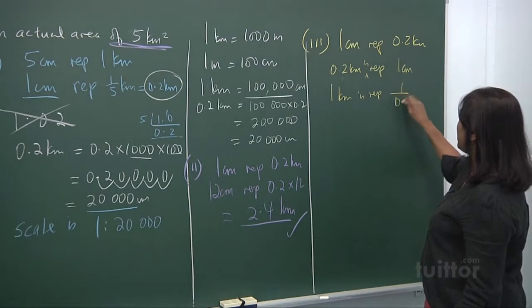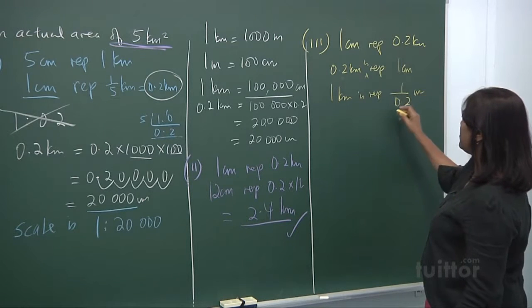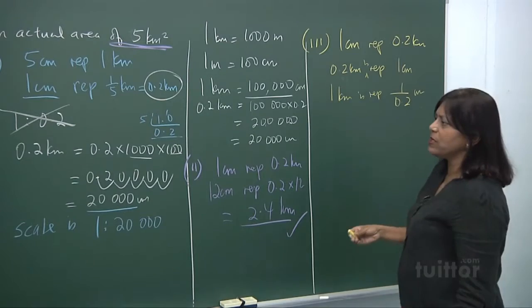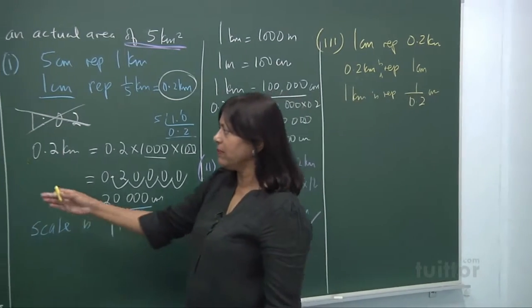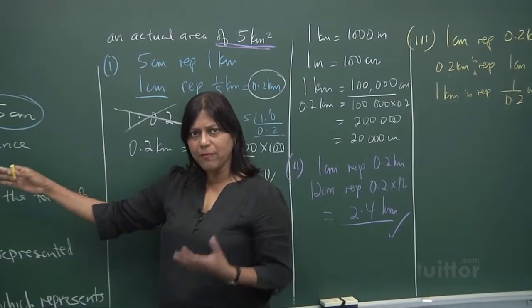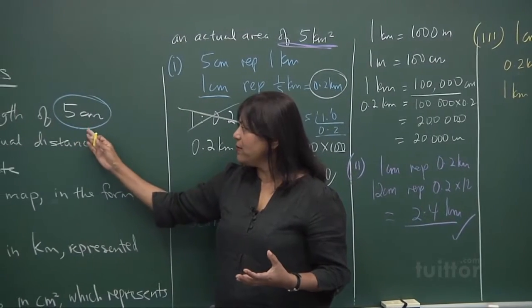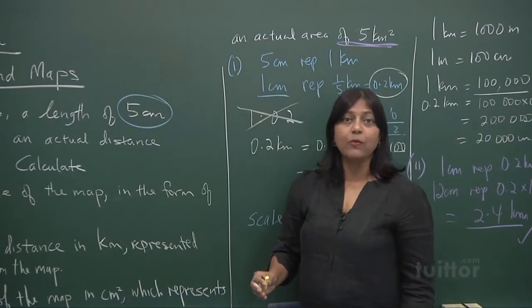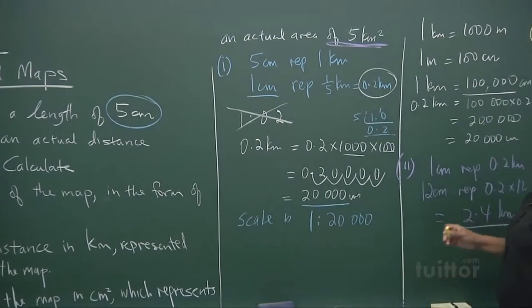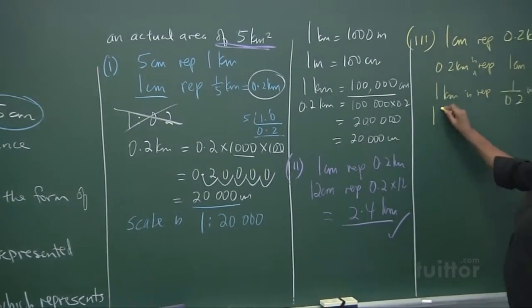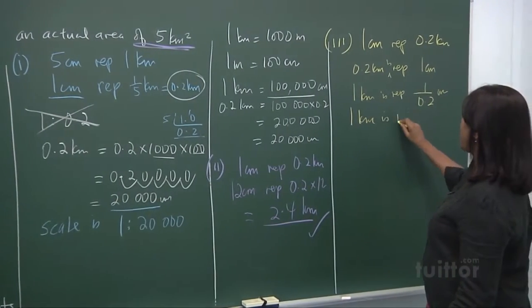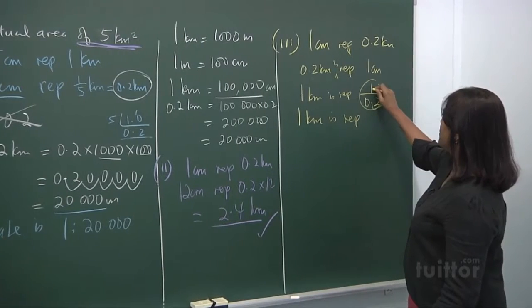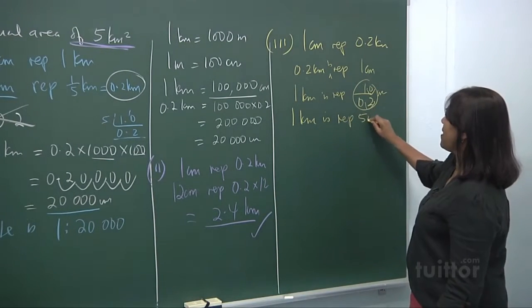You divide it, and what you get, 1 kilometer is 5 cm, which is already known here, given to you. I just want to bring it back again, and we can use it. 1 kilometer is 5 cm. Alright, we could use that. Okay, so just want to reinforce another method. So 1 kilometer is represented by, if you divide here, shift, then divide, you get 5 cm.